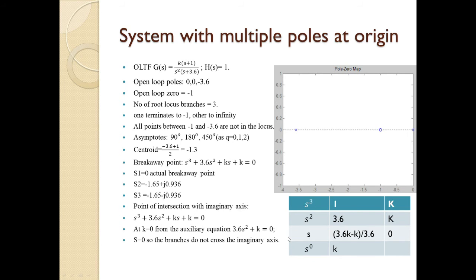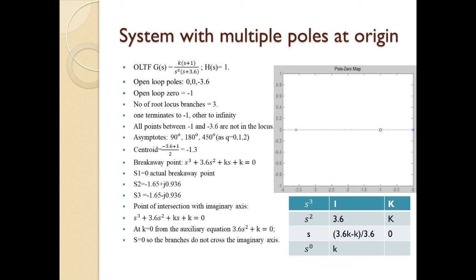For the Routh table, we use the alternate coefficients, that is 1 and K, and for the next line 3.6 and K. After completing this Routh table, for K equal to 0 we form the auxiliary equation, which becomes 3.6 s square plus K equal to 0.